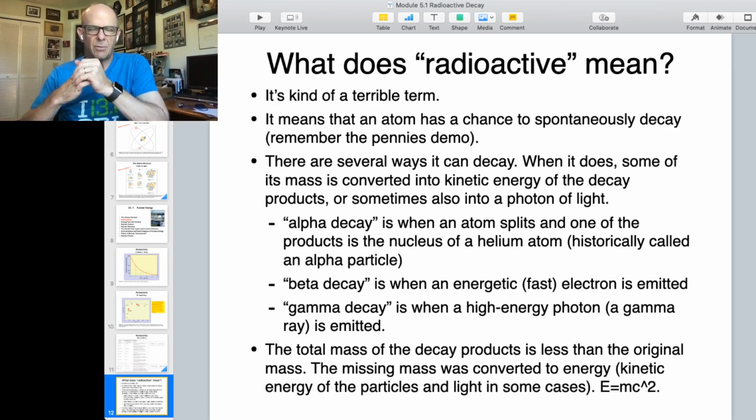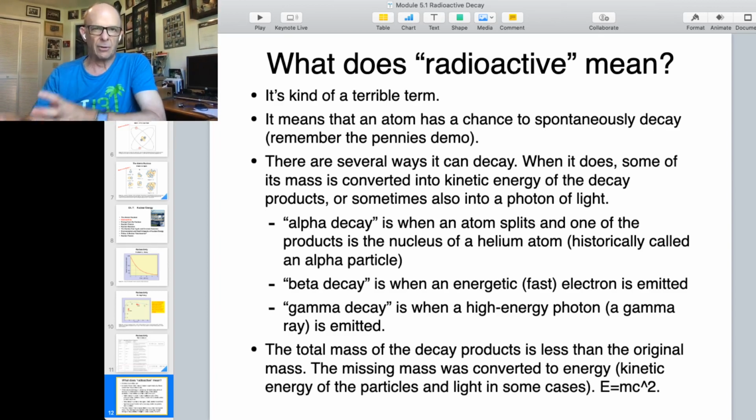And there are 3 different main types of radioactive decay. They are alpha decay, which emits, among other things, potentially a helium atom; beta decay, which emits an electron and potentially other things; and gamma decay, which is when a gamma ray, a high energy photon of light, is emitted.